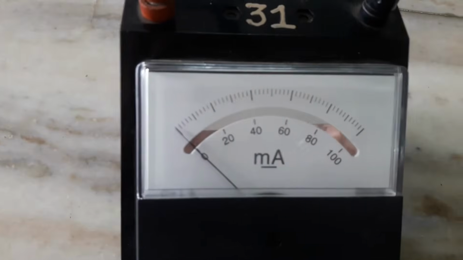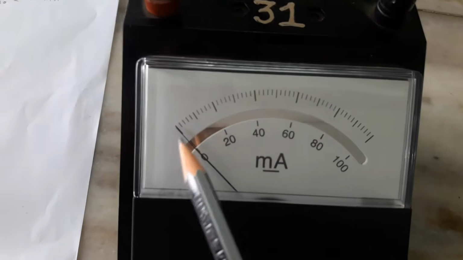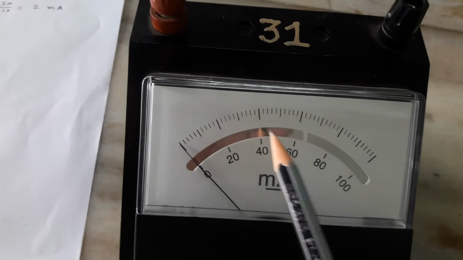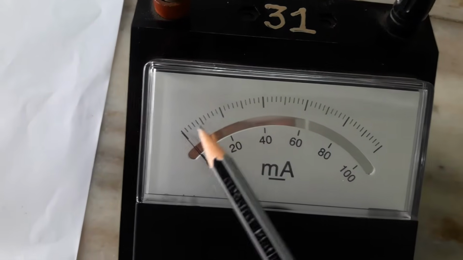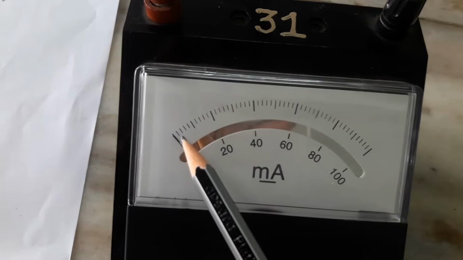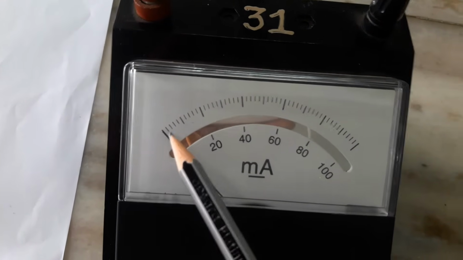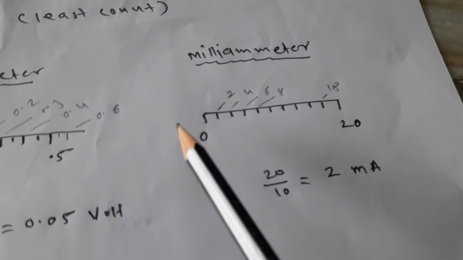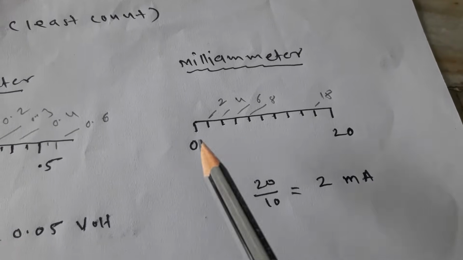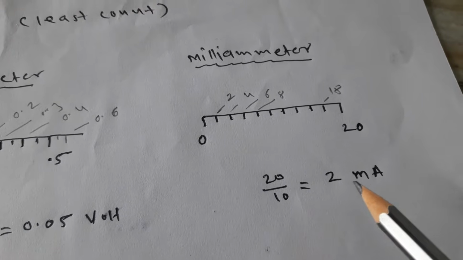Now the milliammeter. If you see the milliammeter, it is 0 to 20, then 40, 60, 80 and 100. From 0 to 20 we have 10 divisions. So what is the smallest reading you can take on the milliammeter? That we call the least count. From 0 to 20, with 10 divisions in between, 20 upon 10 gives 2 milliampere.